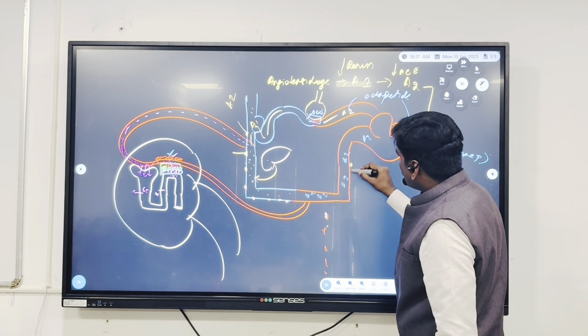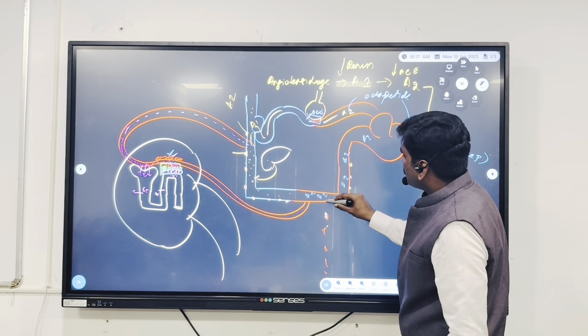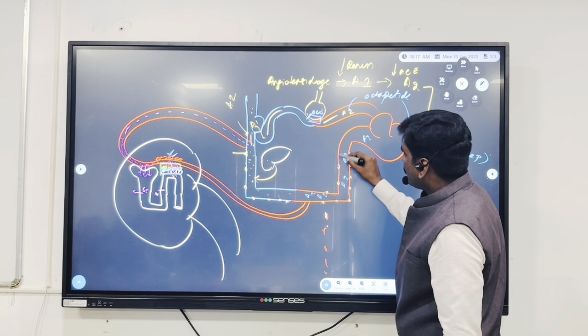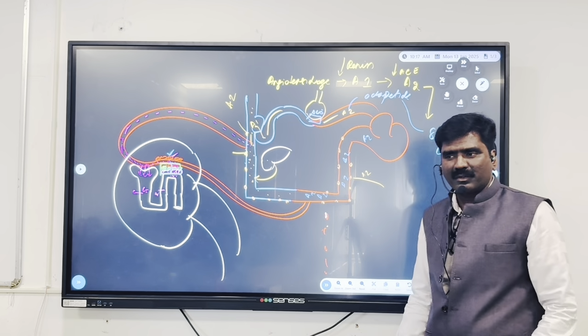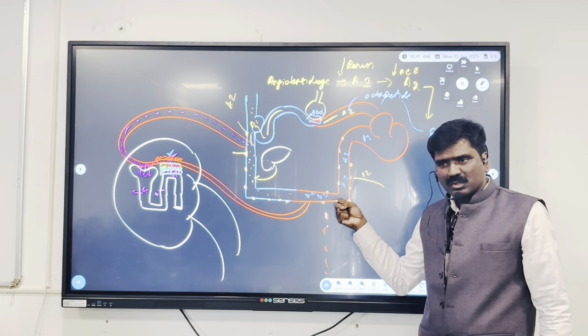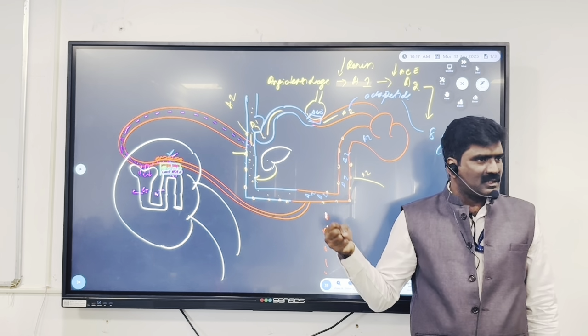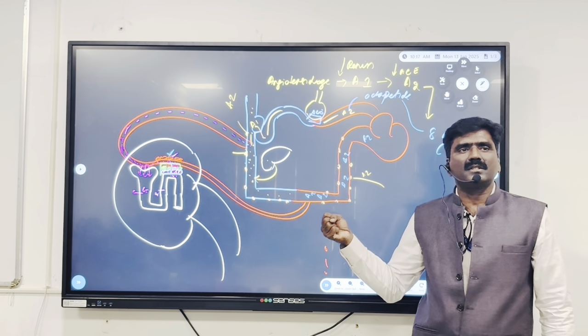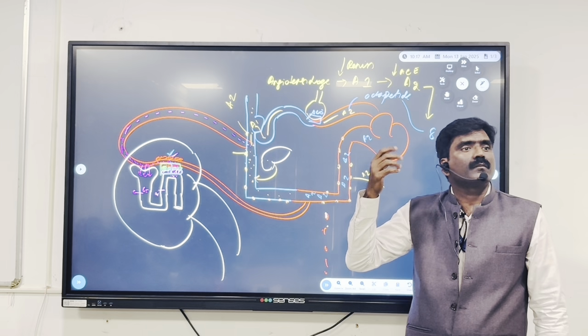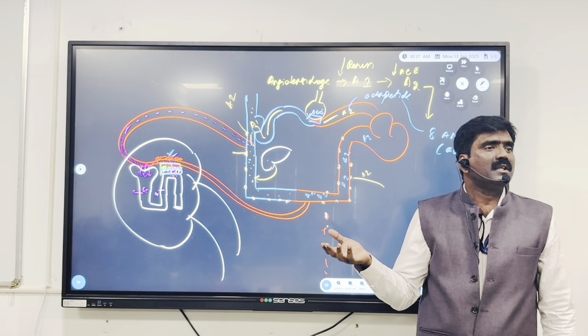And second, it also has receptors in the artery, right? When A2 binds with the receptors of the artery, arteries will constrict, total peripheral resistance will increase, right? When total peripheral resistance is increasing, which pressure will increase?